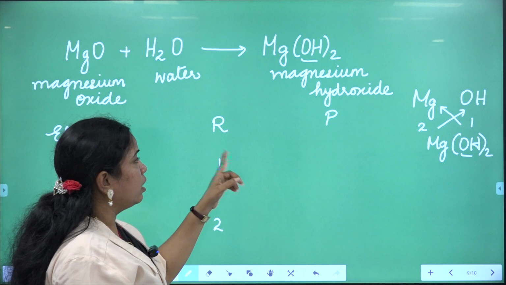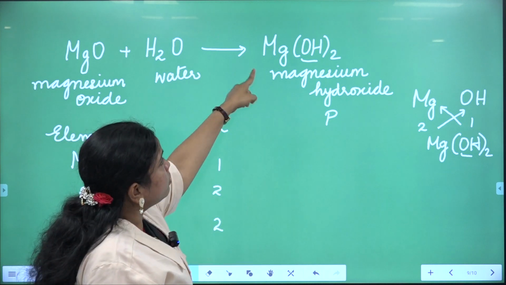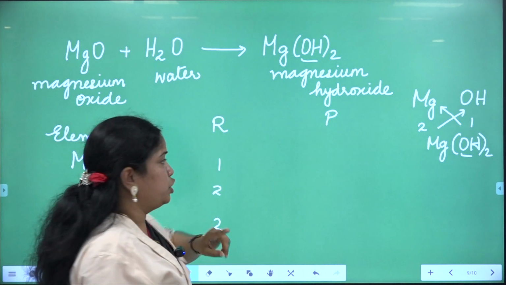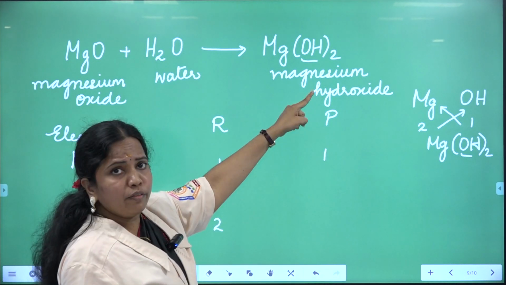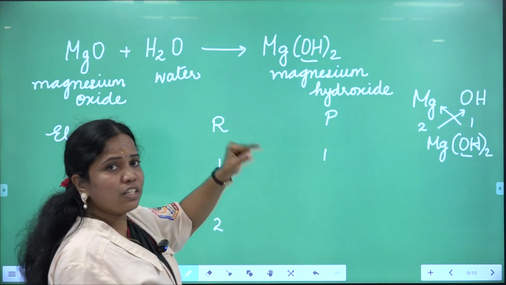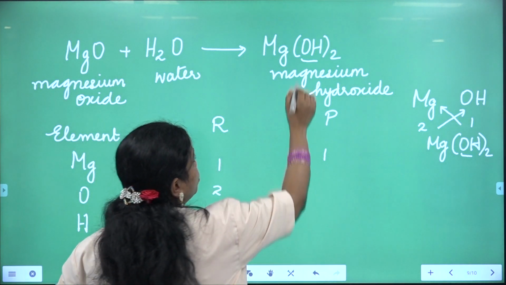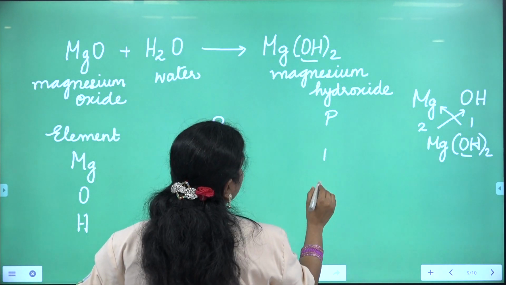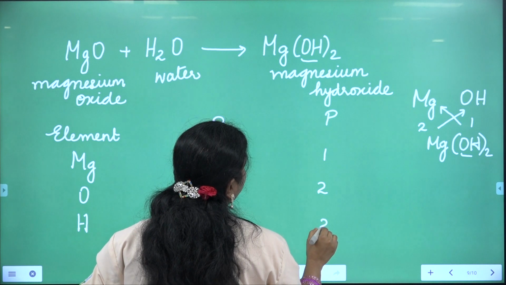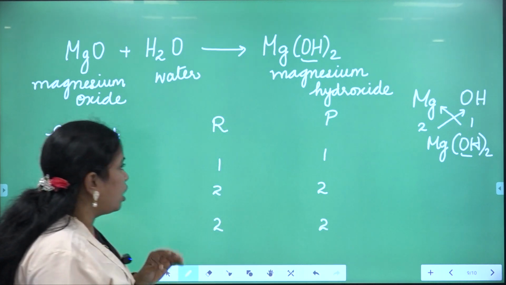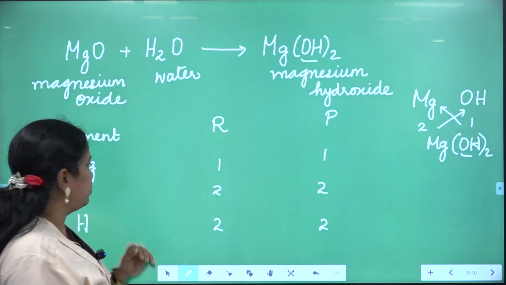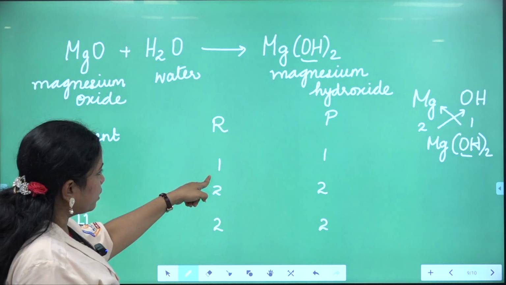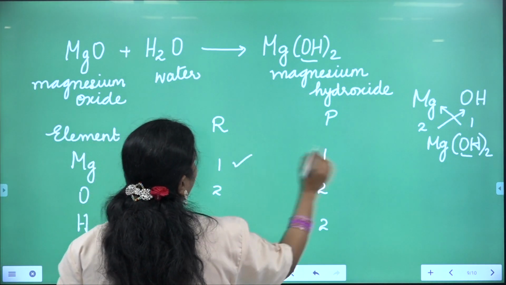Now we will check in the product side. In the product side, we have 1 magnesium, and this 2 is common for both oxygen and hydrogen, so we have 2 oxygen and 2 hydrogen. Now we will check whether the equation is balanced or not. Mg is 1 in the reactant side and 1 in the product side.